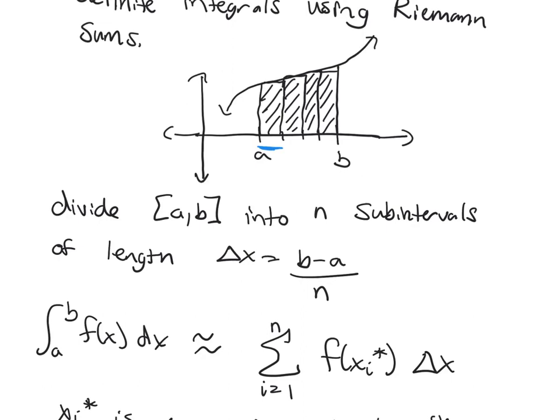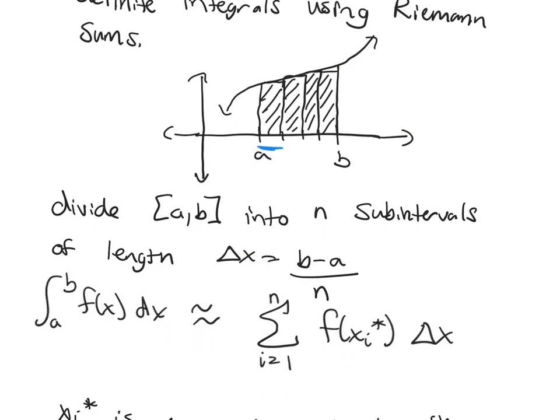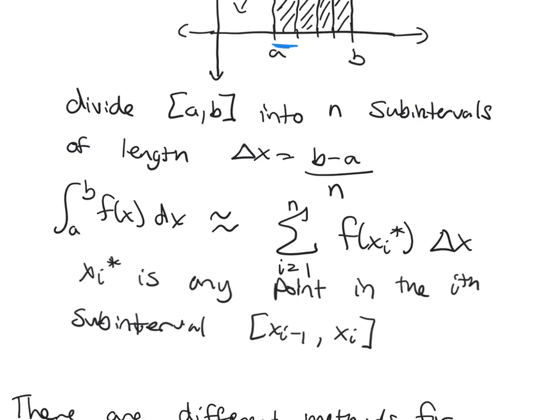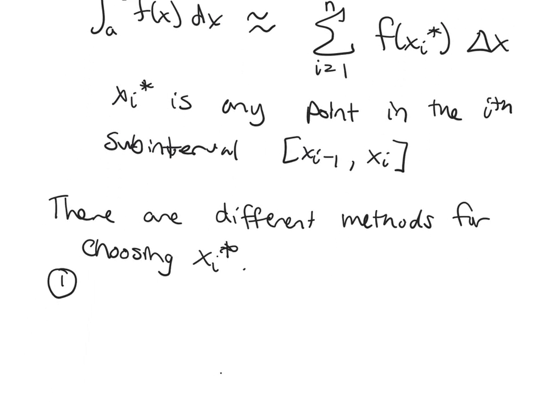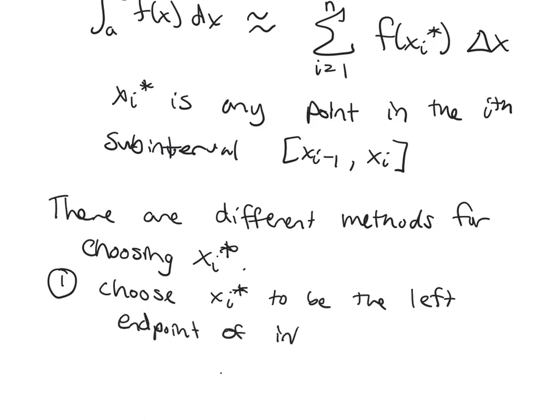So I underlined the first one in blue. So one option is you can just take the left endpoint of that interval, okay? So you can choose xi star to be the left endpoint of your interval. So xi star would be the left, xi minus 1.